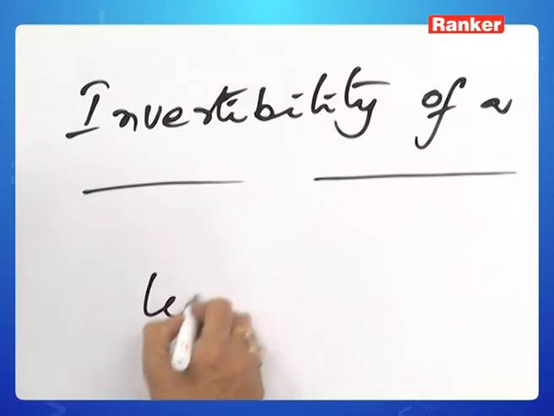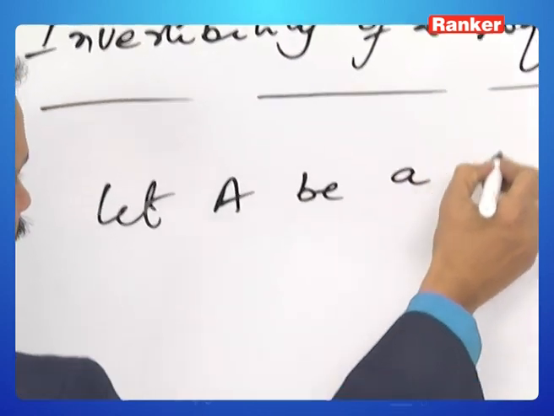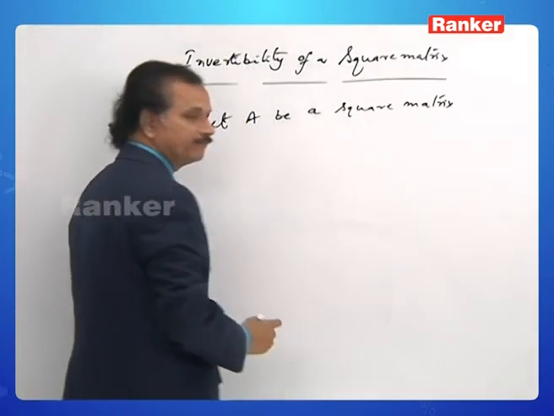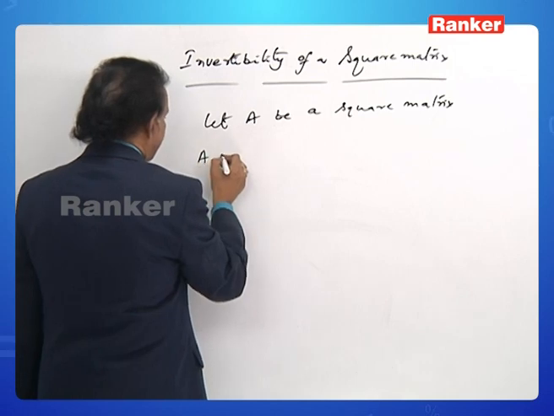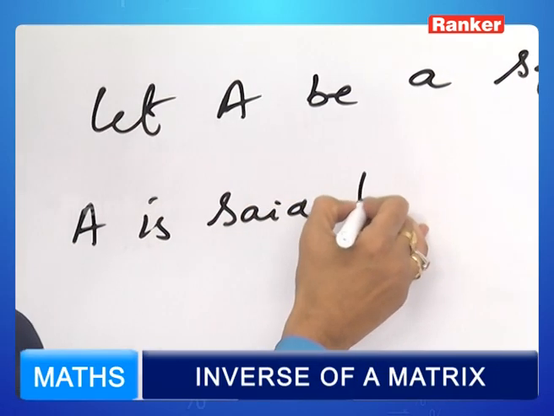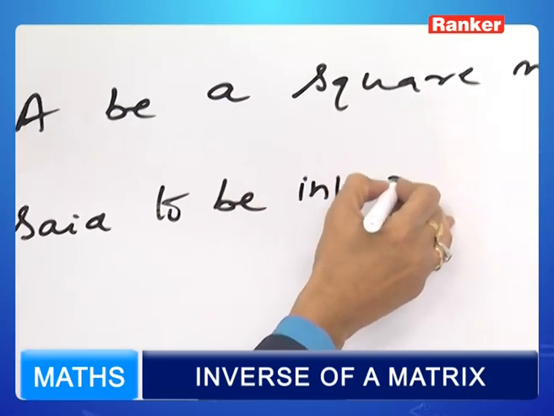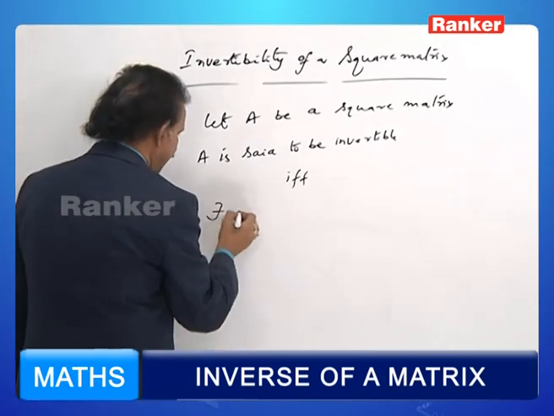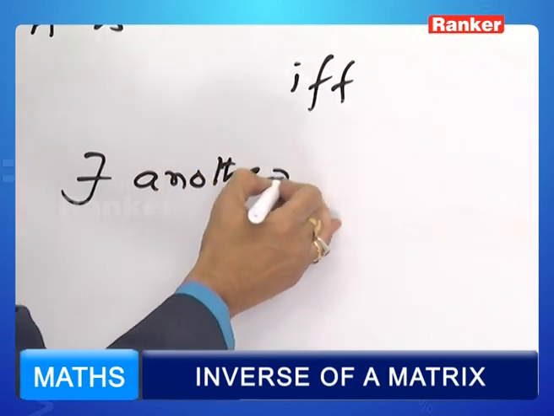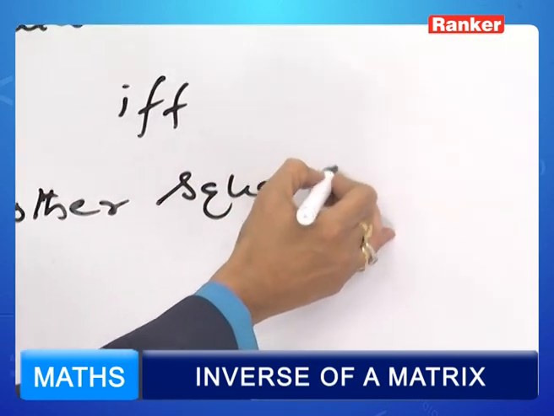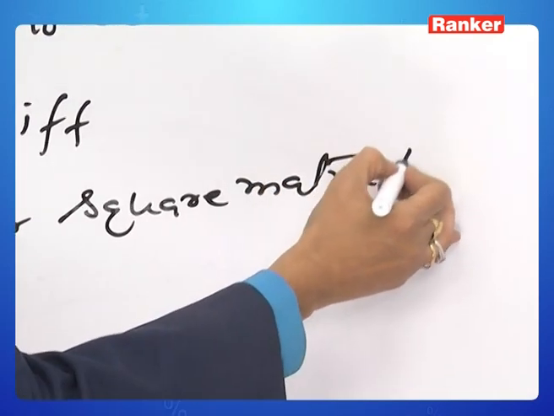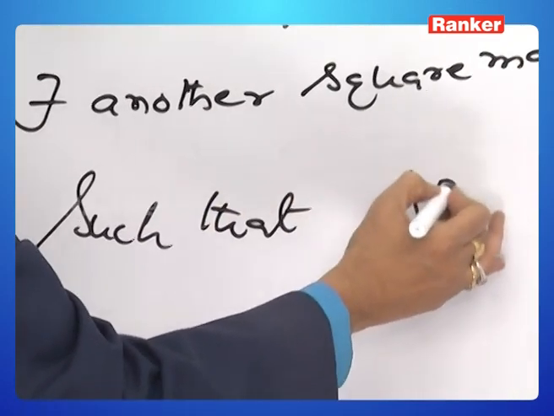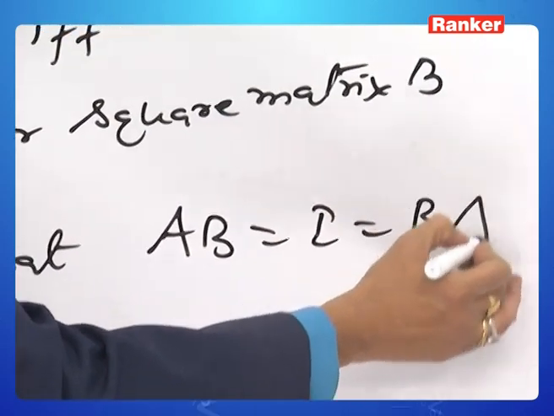Well, let capital A be a square matrix. A is said to be invertible if and only if there exists another square matrix B such that AB is equal to I is equal to BA.